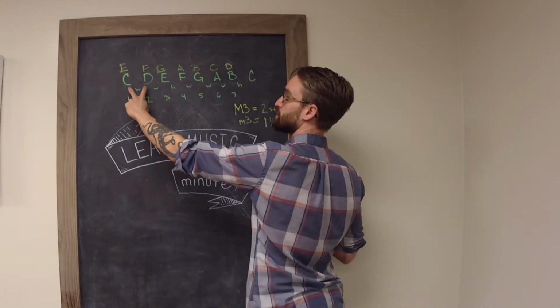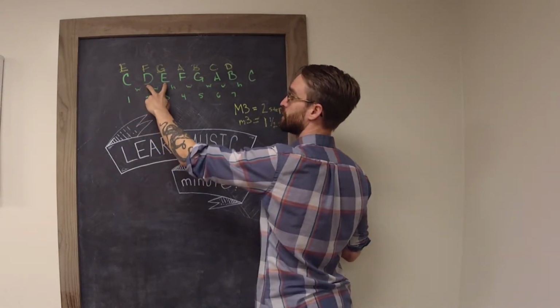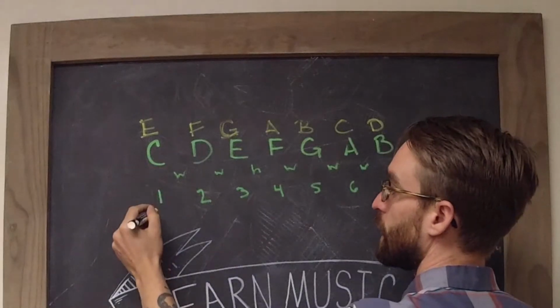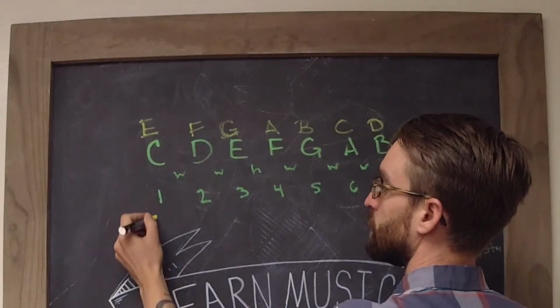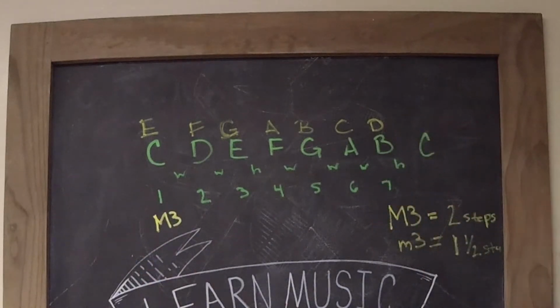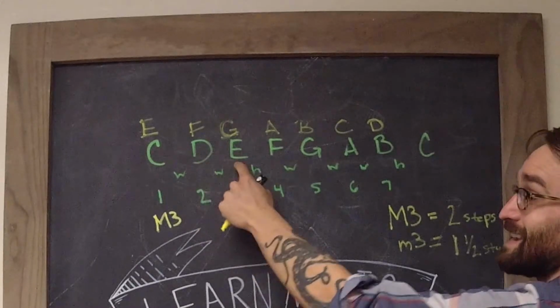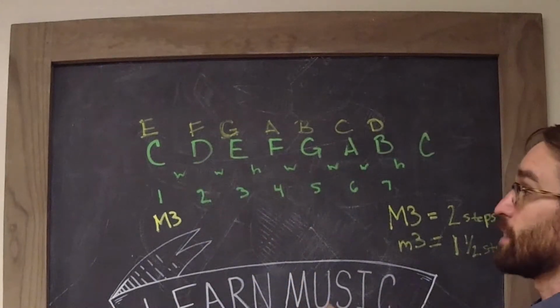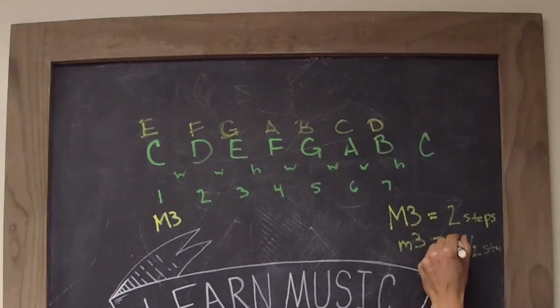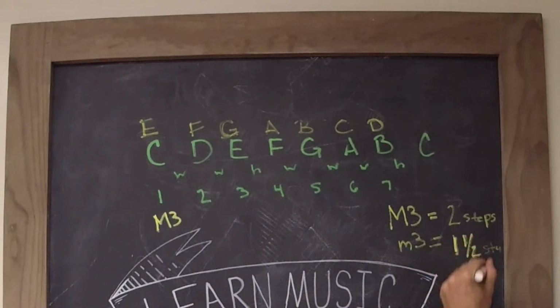The distance from C to D is a whole step, and then from D to E is another whole step. That's going to make this a major third. And let's write that right here. All right, from C to E is a major third. Let's look at our next one. From D to E is a whole step, and from E to F is a half step. That's going to make this one a minor third.